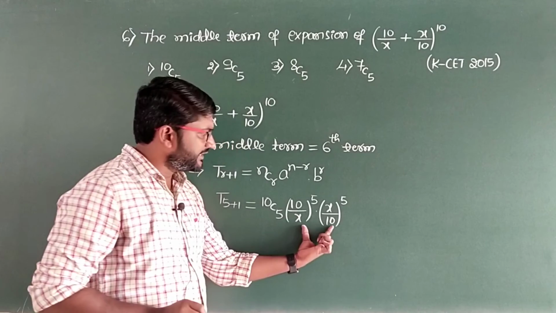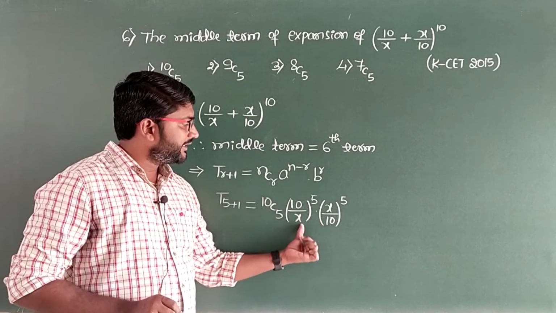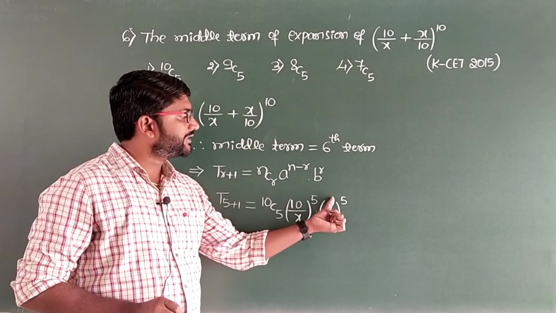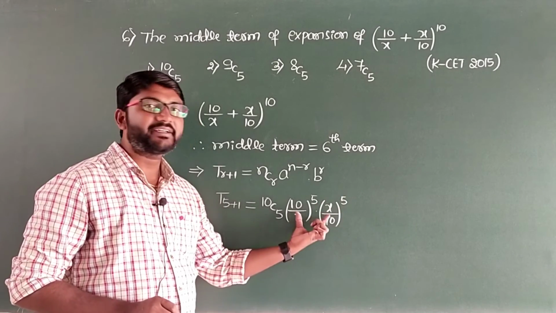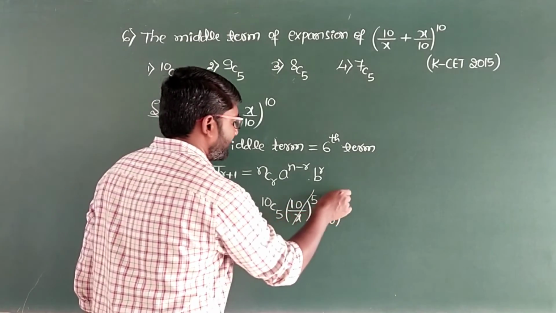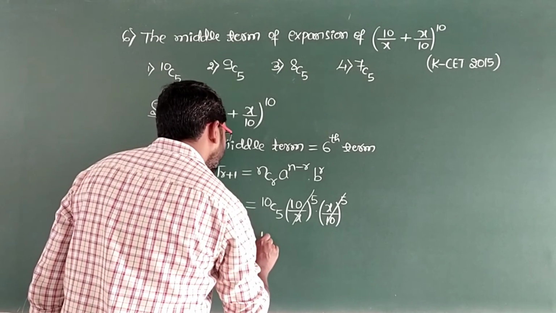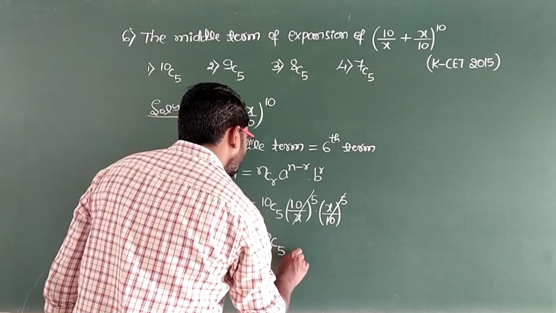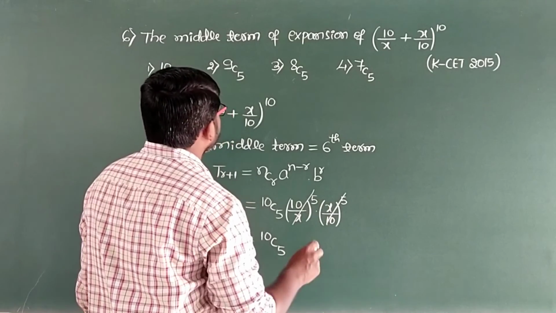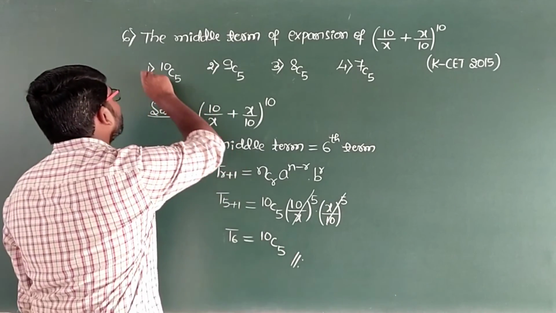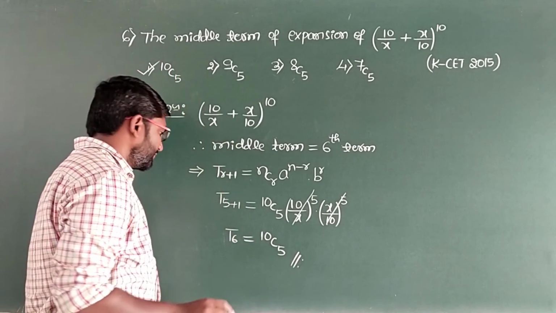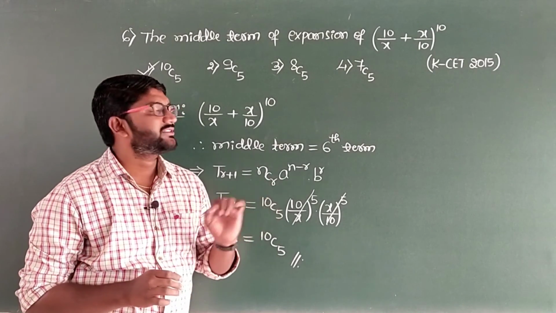So observe these two terms now: 10 by x whole raised to 5 into x by 10 whole raised to 5. These two get cancelled now. We have T6 which equals 10C5. So this is the required answer. Search for the options now. Option 1 is the correct answer. So this is all about the question which was given in 2015.